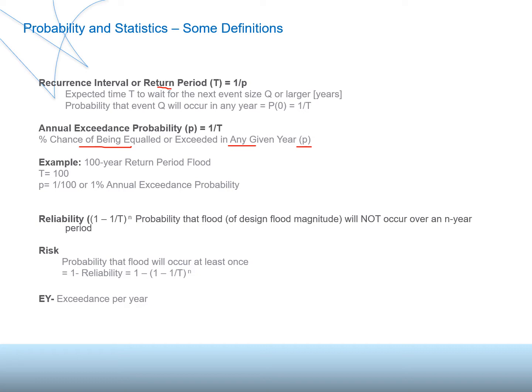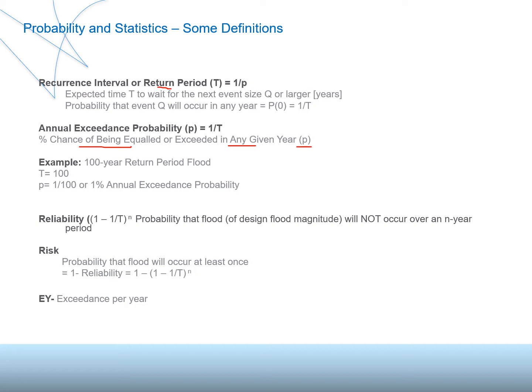So on average, how frequently that event occurs. That's important: it is on average. That doesn't mean it will happen every T number of years, but on average that is how often it happens.